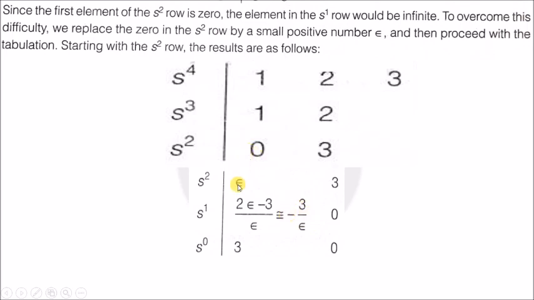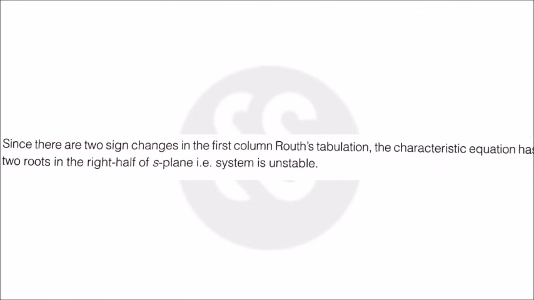So there is a sign change from epsilon to this value and from this value to 3. So two sign changes exist here. And when two sign changes exist, then the system is obviously unstable. Clear? So there are two sign changes in the first column of the Routh tabulation.